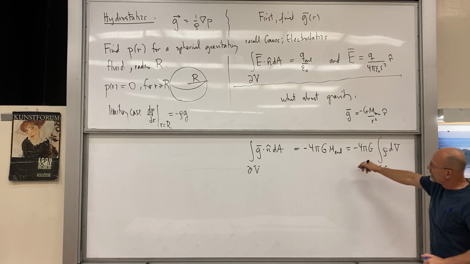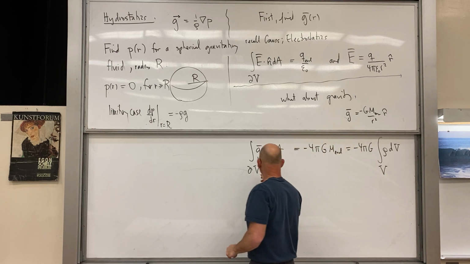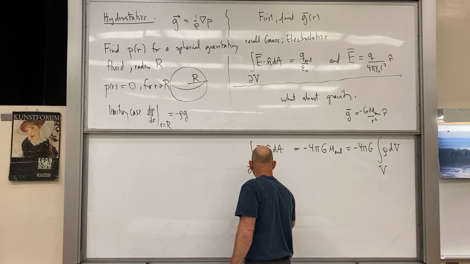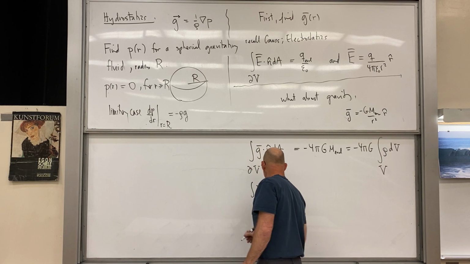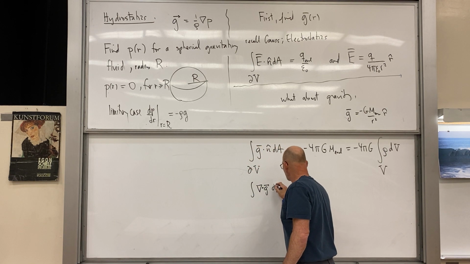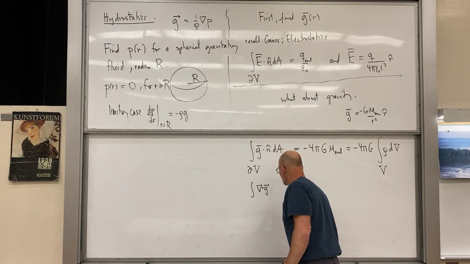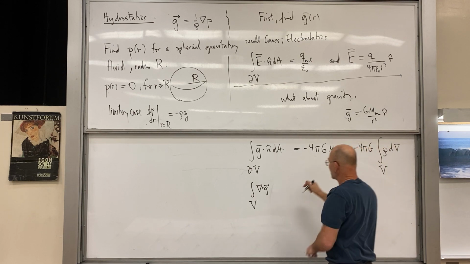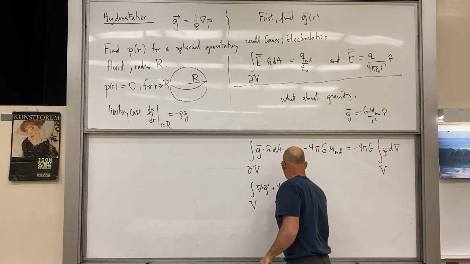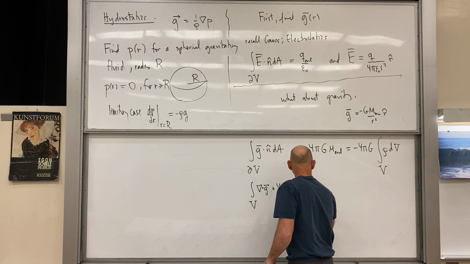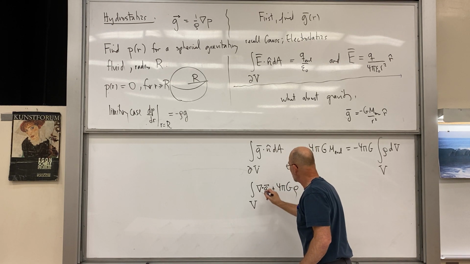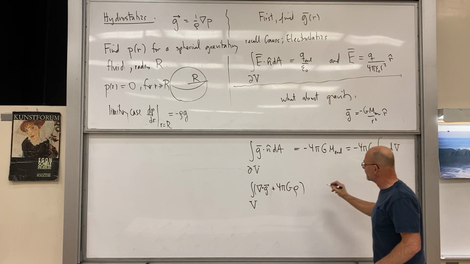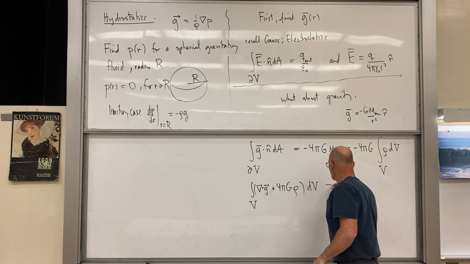Now, what we're going to do here is take the divergence theorem. So now we have the integral of the divergence of g dV, in fact, I'm going to do two steps at once, over the volume. This one's got the minus sign, I'm going to bring it over with the plus 4 pi G rho dV equals 0.